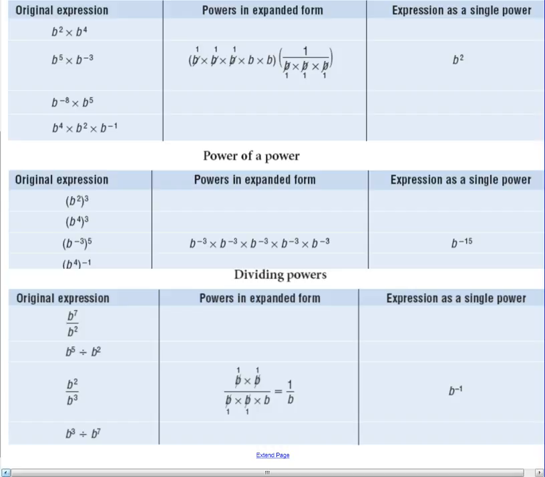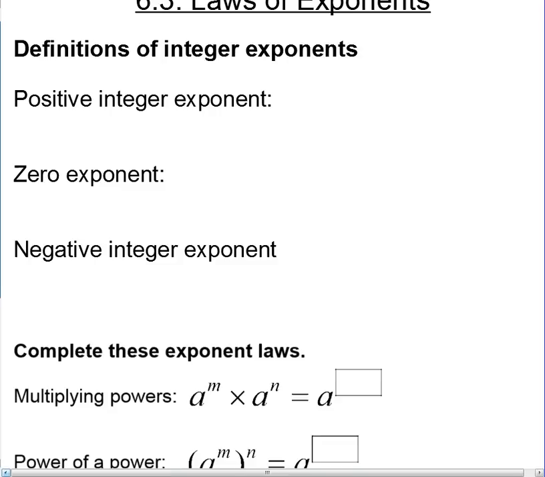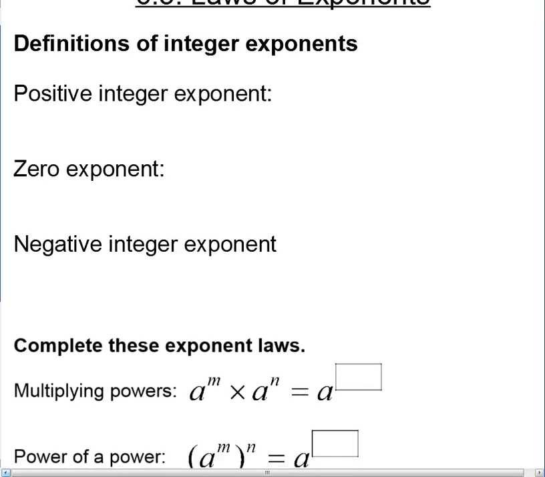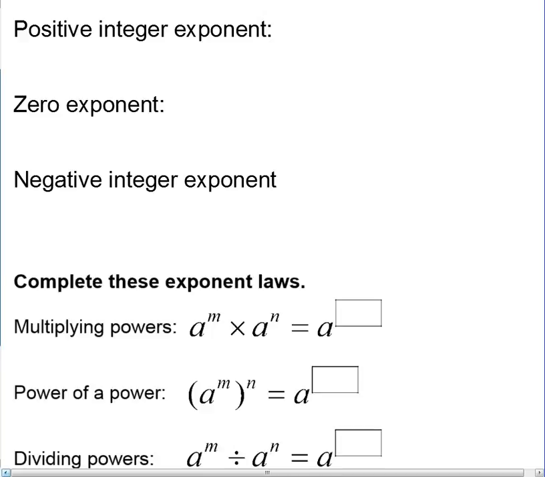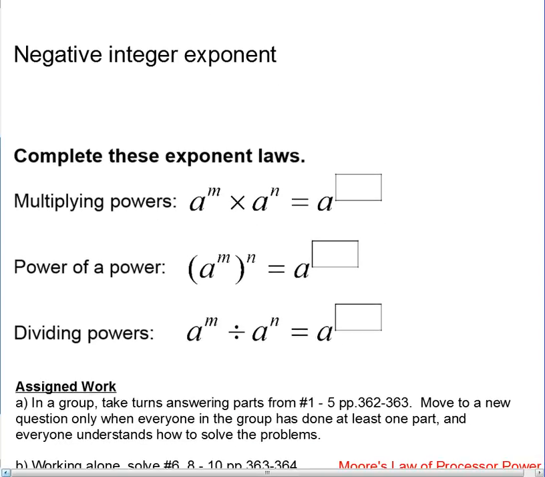Okay, and in each case it's going to lead to a summary of those laws. You should have this handout already, and you should fill in the definitions for positive, 0, and negative integer exponents. And then after the investigate in class, you'll be able to fill in the completed exponent laws for multiplying, dividing powers, and taking the power of a power.